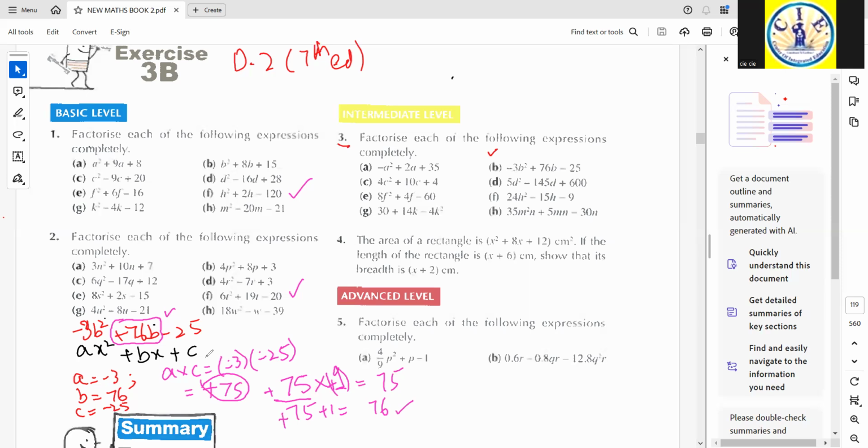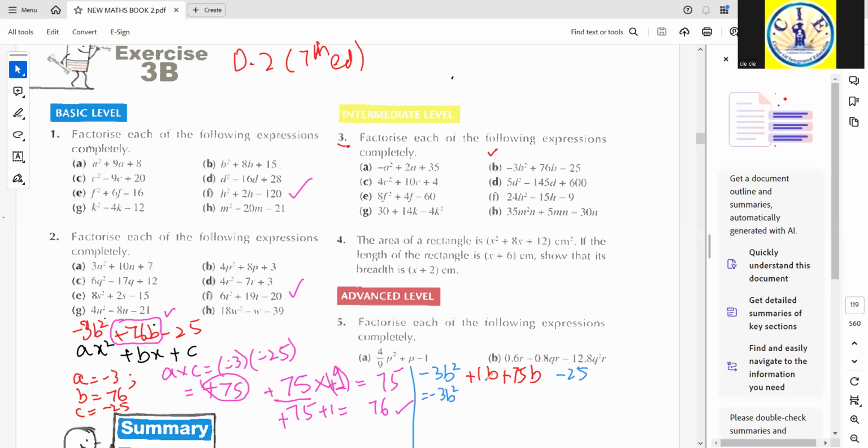So I'm going to solve it now. I would retain the first term, negative 3b square, and the last term, negative 25. Then for the middle term, I can write it down as plus 1b and then plus 75b.